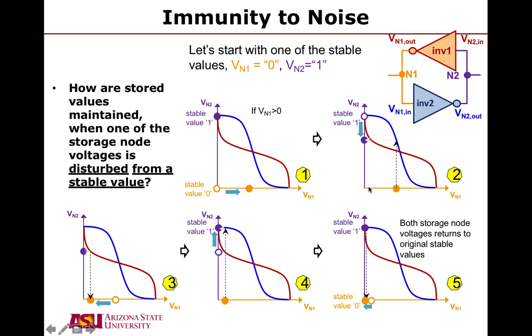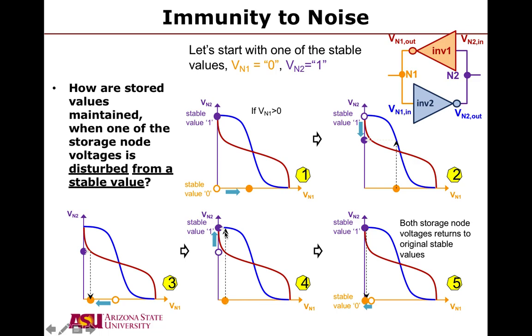But what happens? If you look at step 2, that noise has shifted us in Vn1. And if you look at inverter 2's voltage transfer curve, that puts us at the output value, the purple line, output value. Now, that purple actually feeds into inverter 2. So it's point 3. It's the input to inverter 2, which actually brings us back down. If you look on the Vn1 axis, it's starting to bring us back down. And then moving to point 4, Vn1 is the input to inverter 2.